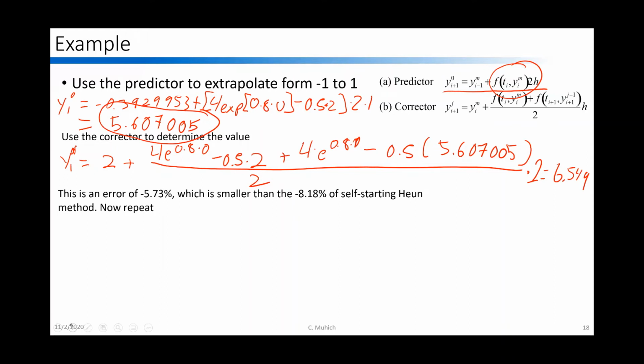Okay, so I can now repeat this just like we had before, where I can go through and do this iteratively.